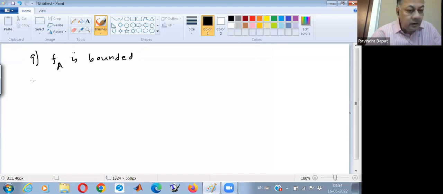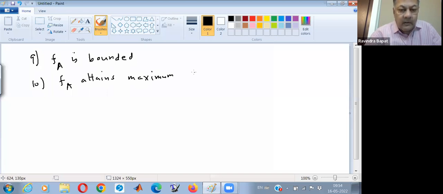And the following result I'll also state without proof, that f_A attains a maximum on E_n.